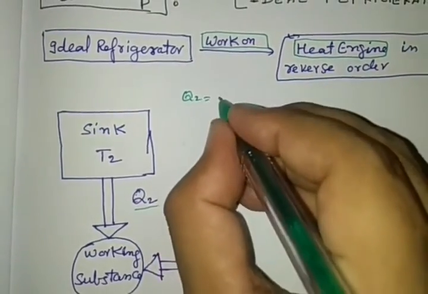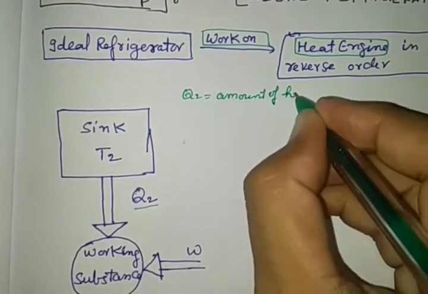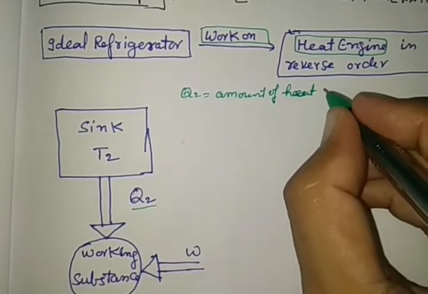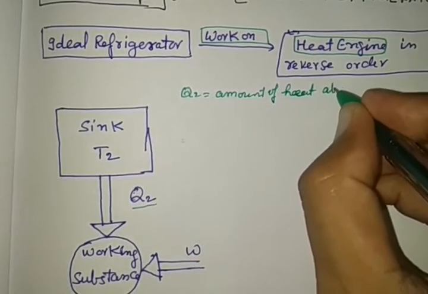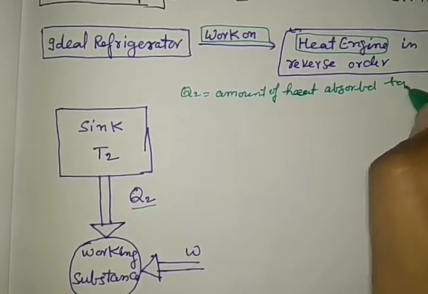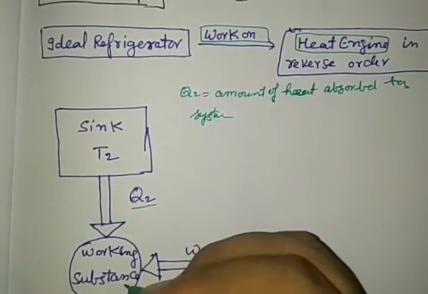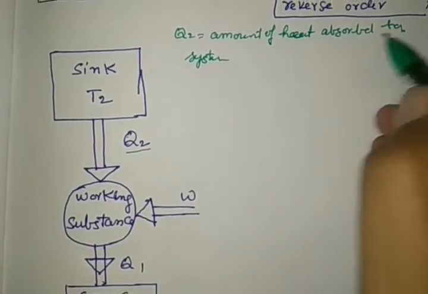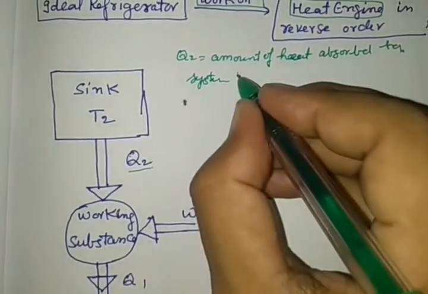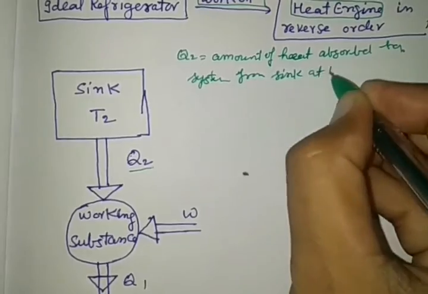So we may write here Q2 is equal to the amount of heat absorbed by the system, this working substance, from the sink at T2.